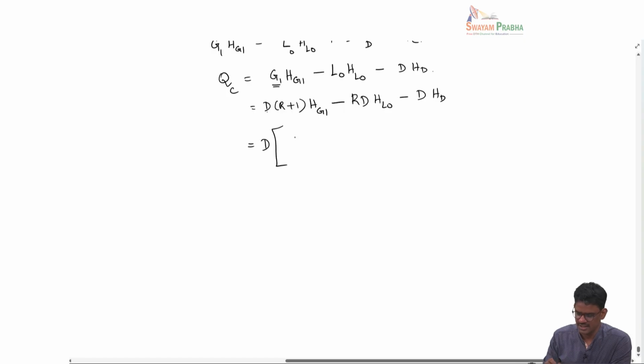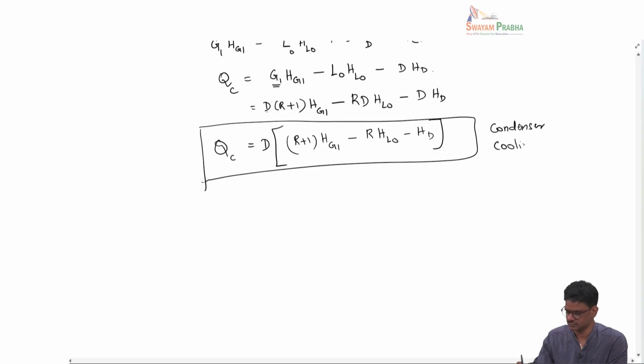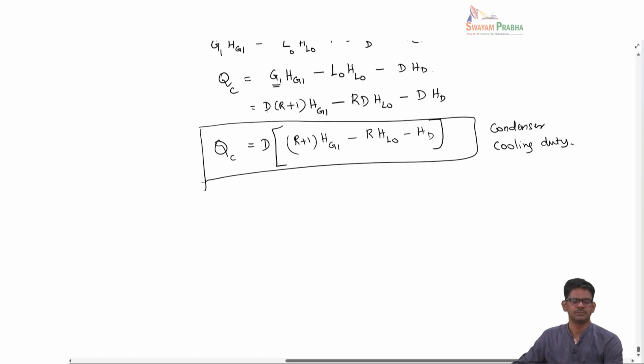So D can be taken out. You obtain the condenser duty by this equation.